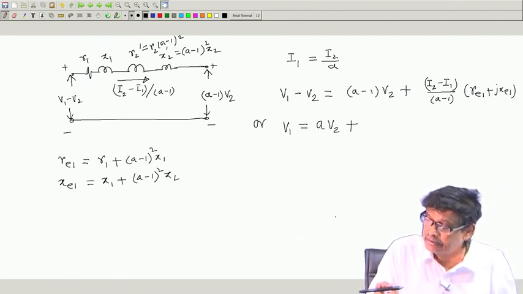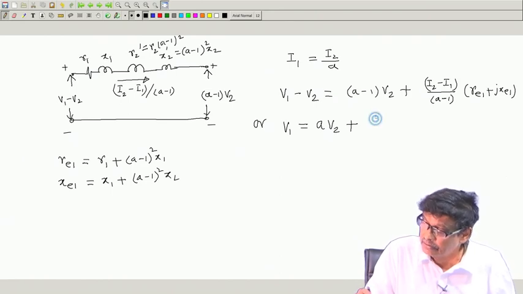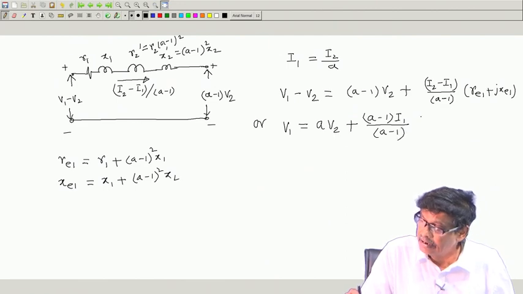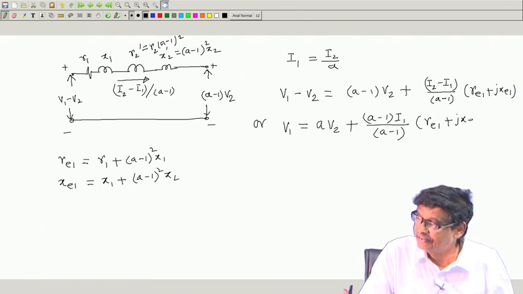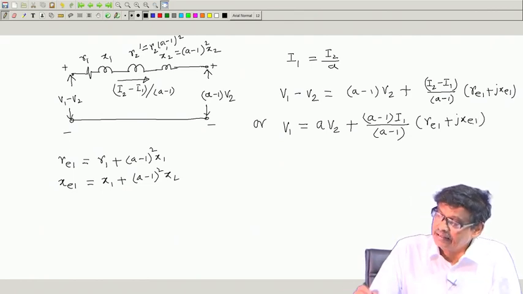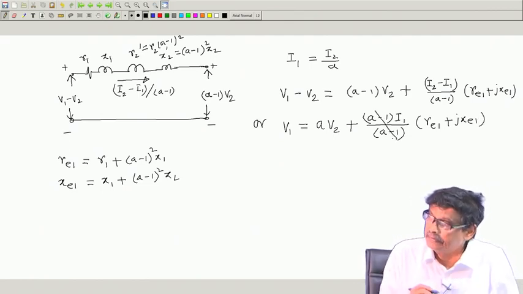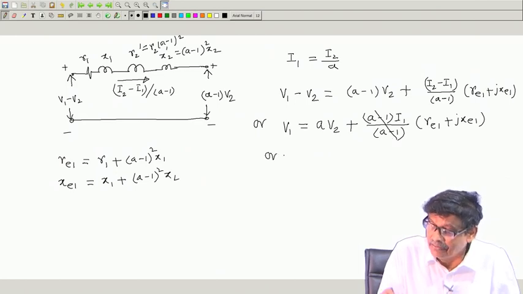I 2 is A I 1. So, it will be A minus 1 I 1 divided by A minus 1, and this is your R e 1 plus j X e 1. This will cancel out, and now I am happy.